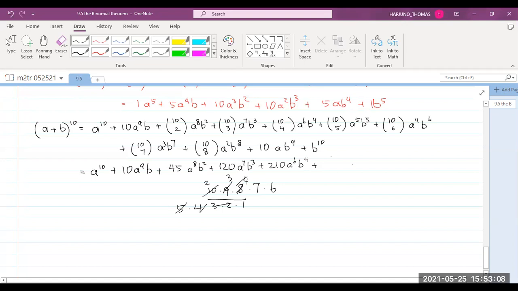I'm so lazy to use my calculator. Let me write it properly. 10 combination 5: 10, 9, 8, 7, 6 over 5, 4, 3, 2, 1. 3 times 2 cancels the 6. Cancel 2 here. So 36 times 7, that's 252.